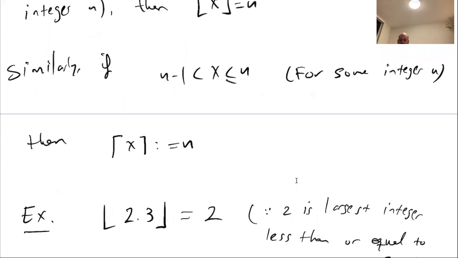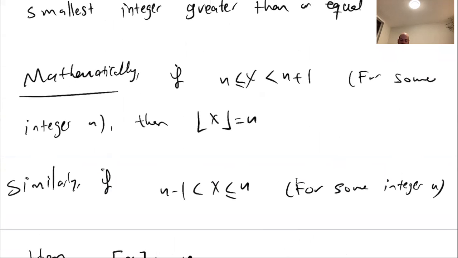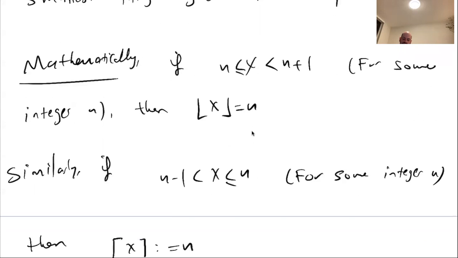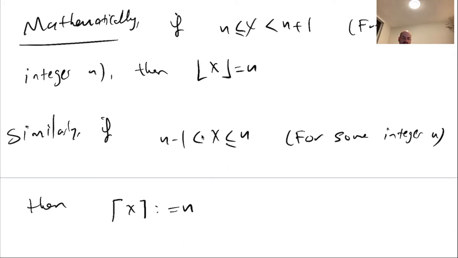Okay, so my starting point could be, it's up to me. I can start with an integer n satisfying this property, or this property, or this property. But here, I'm going to start with an integer n satisfying this property. Why?